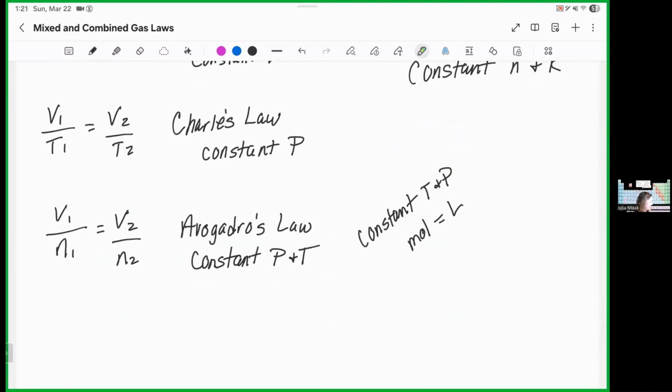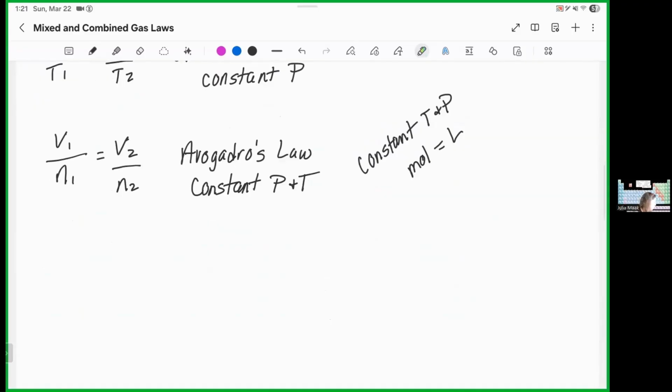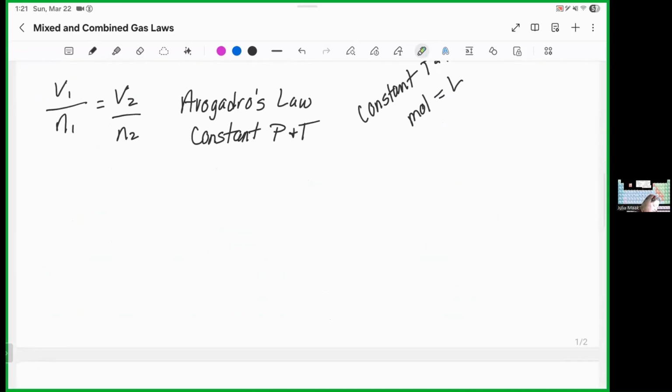Then we have one more law, Dalton's law of partial pressures, which says our total pressure is equal to the pressure of our first gas plus the pressure of our second gas plus the pressure of our third gas, on and on. However many gases are in there, the pressure of each individual gas adds up to the total pressure.